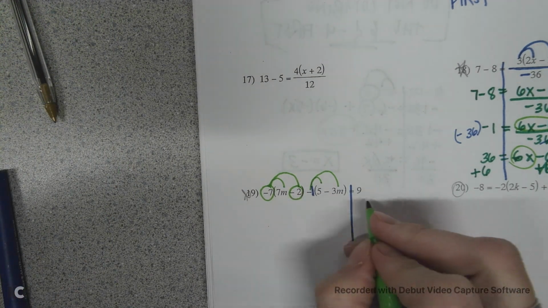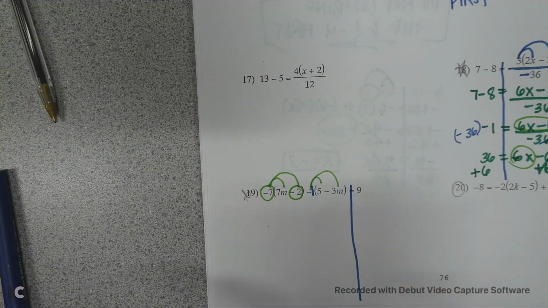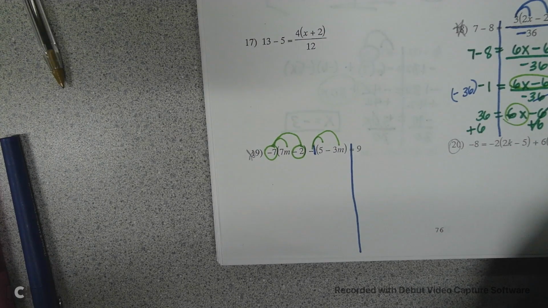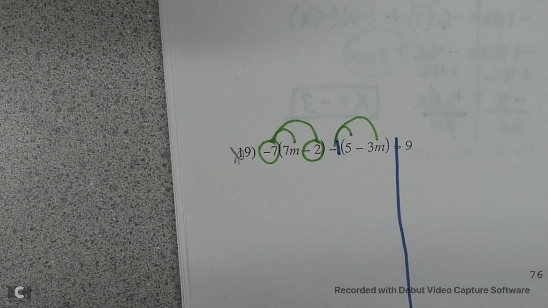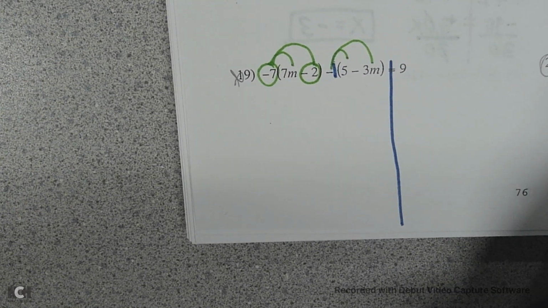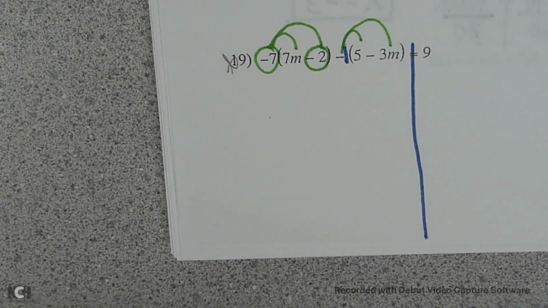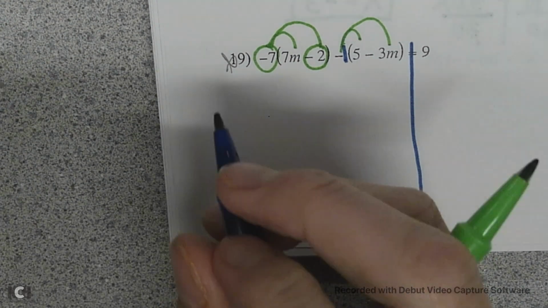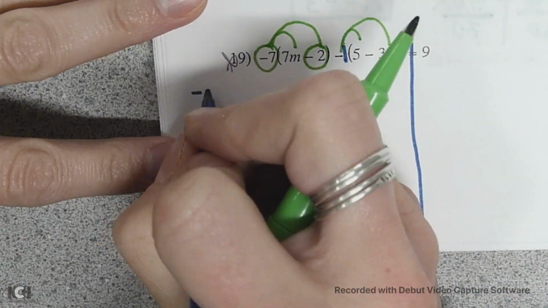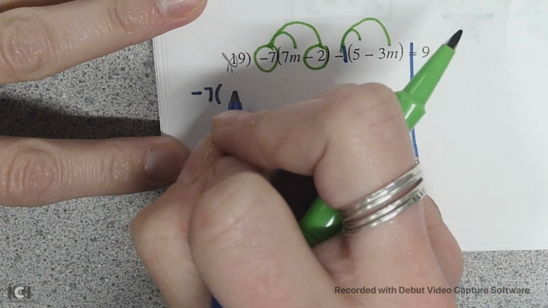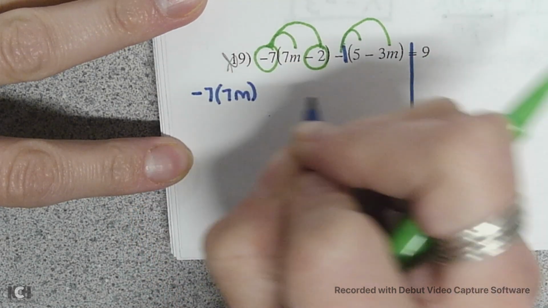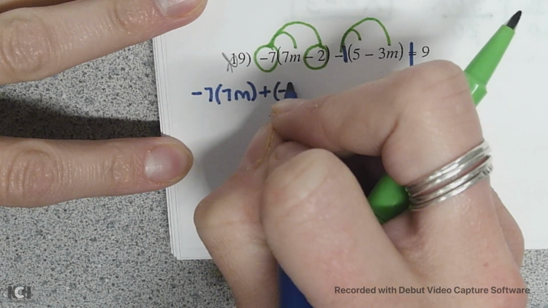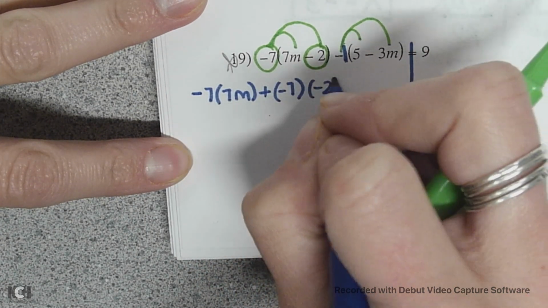I'm going to write out all of the distribution so that you can clearly see what's happening when we multiply. Maybe I'll zoom in. Come on, camera. It's almost there. One more. Oh, it's lovely. Okay, here we go. I'm going to show you this way. -7 times 7m, and I'm going to remember -7 times -2.